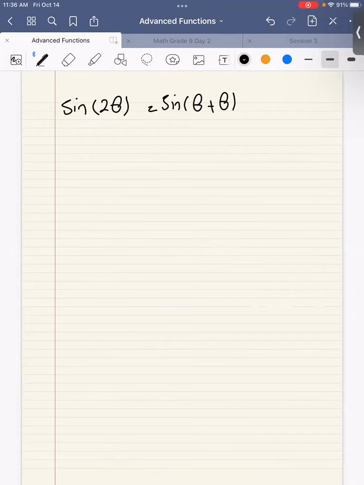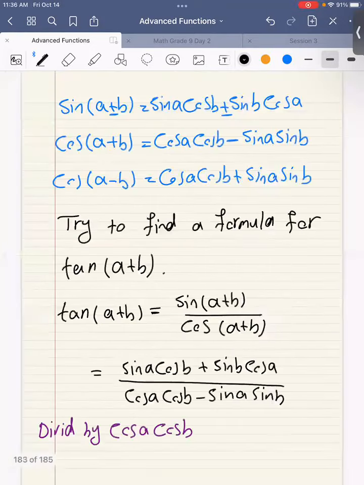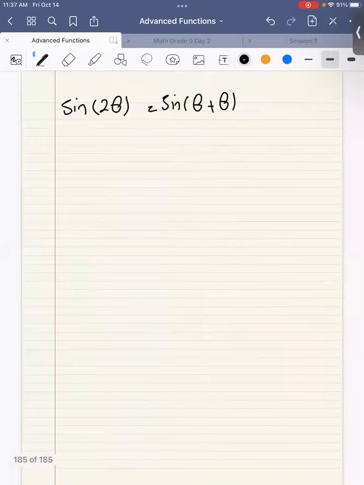Can you give me a formula? Just use this identity. So you have theta plus theta. No, there is no A B, it's only theta. 2 times sine theta times cosine theta.